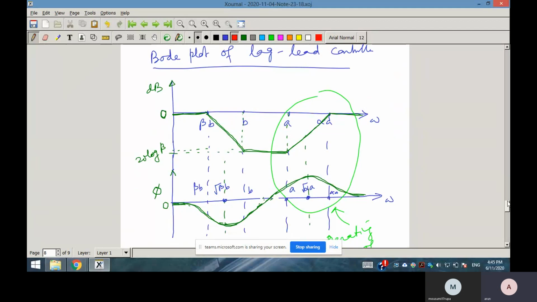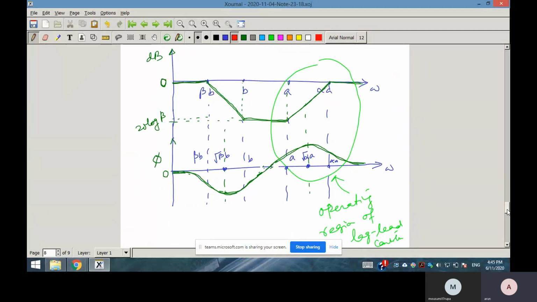Because of this, alpha equal to 1 by beta, we are getting a nice plot. Otherwise the magnitude would have been a little bit more. But this is not the reason why we are considering alpha beta equal to 1. The reason, as I said in the last class, is to simplify the design procedure that we will be seeing now.